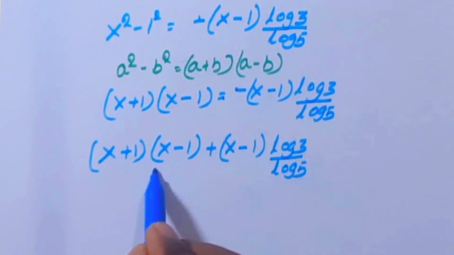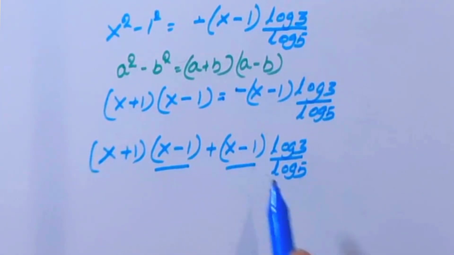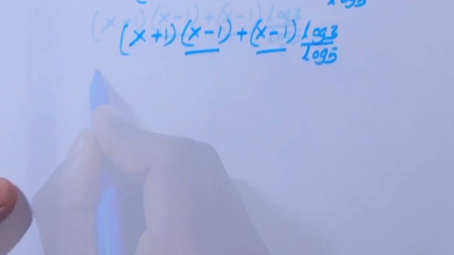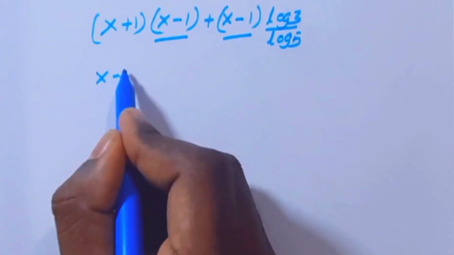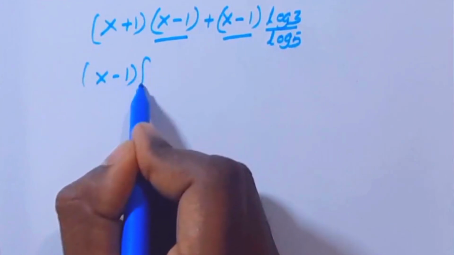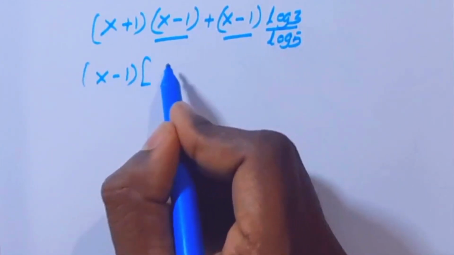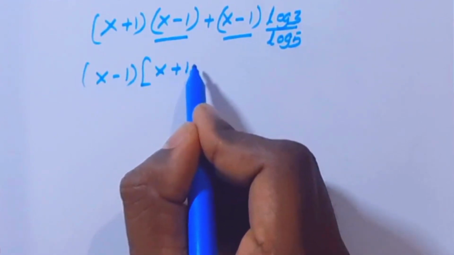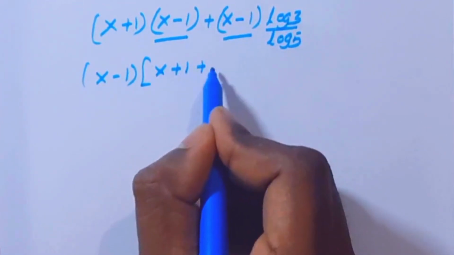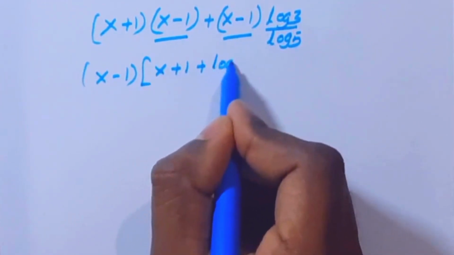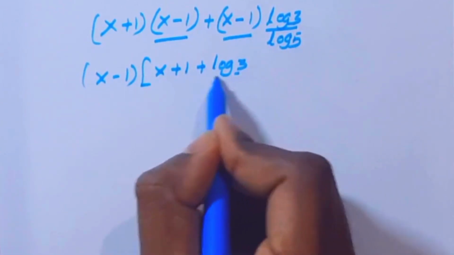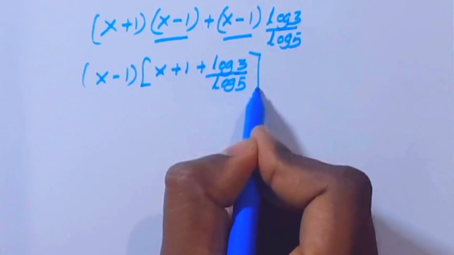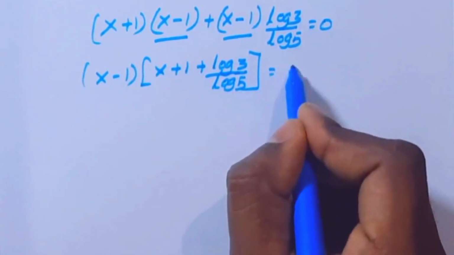We are going to take x minus 1 common out from this equation. So x minus 1 is the common factor. Here x plus 1 plus log 3 by log 5 equals 0.